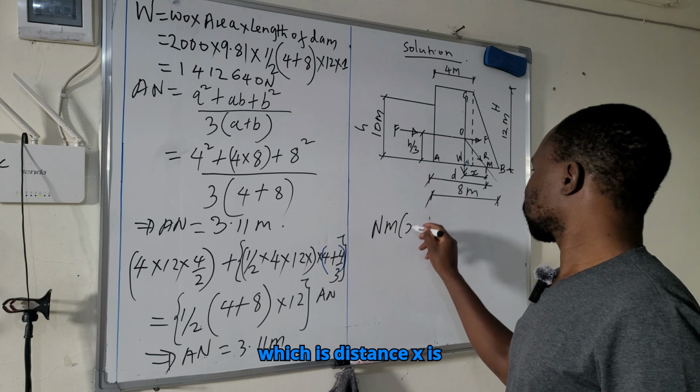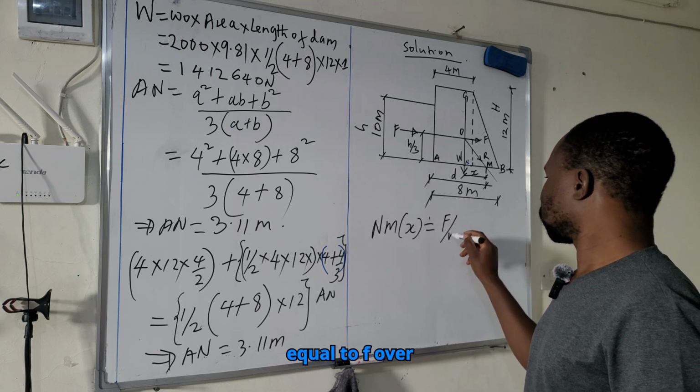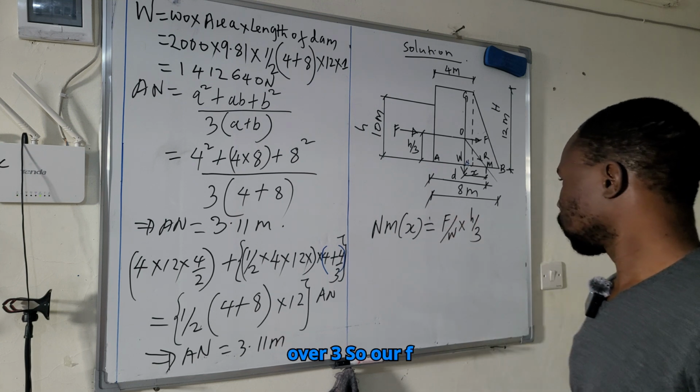which is distance x, is equal to F over W times H over 3.